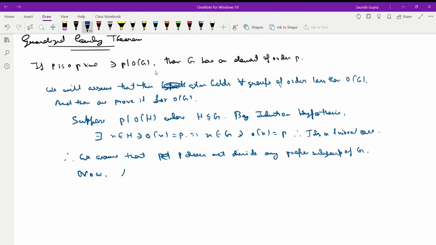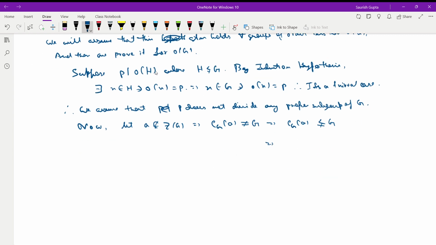Now let A be an element outside the center. This would imply that the centralizer of A is not equal to G. Then this would imply that the centralizer of A is a proper subgroup of G. Then this means that P does not divide the order of the centralizer. Clear?